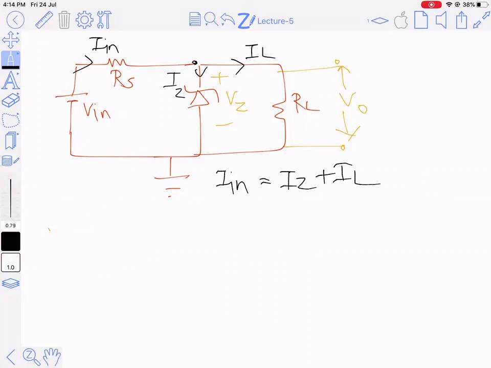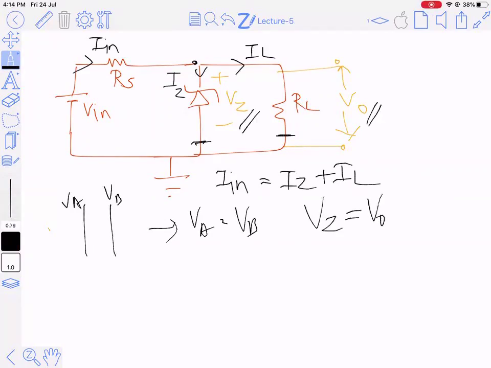One more thing that I see over here is these two branches are in parallel. So when two branches are in parallel, the voltage across both the branches has to be the same. That means Vz is the voltage on the Zener, V0 is the voltage on my RL, so my Vz is equal to V0.